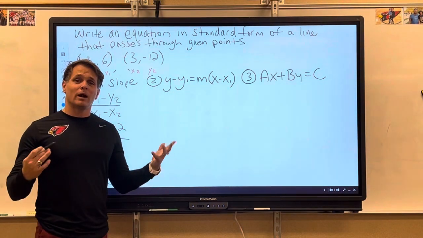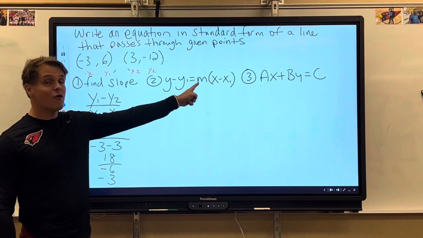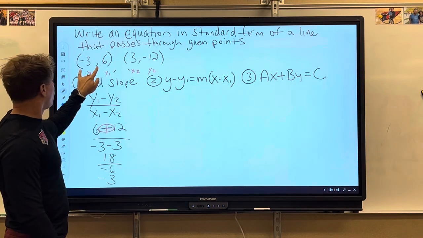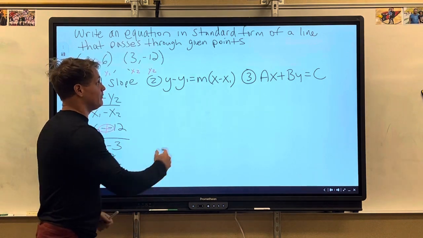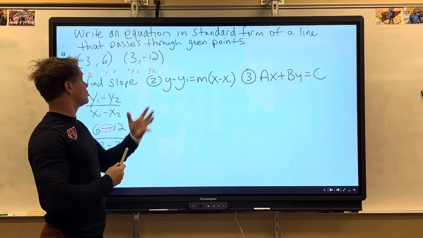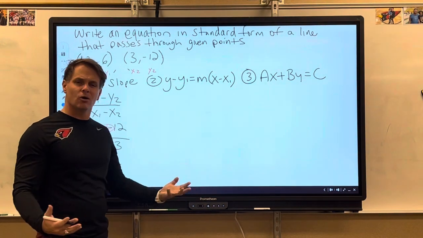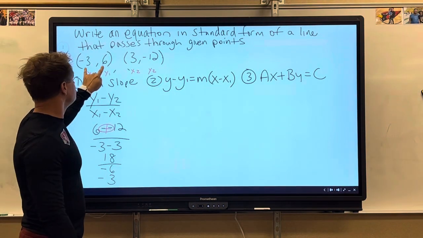Now the next thing I want to do is put this slope in for m in the formula. I also want to put either these 2 points or these 2 points in for x and y. Generally, I like to choose digits that are smaller, maybe if both of them are positive, maybe if one of them has a 0. These are both about the same, so I'm just going to choose these 2.